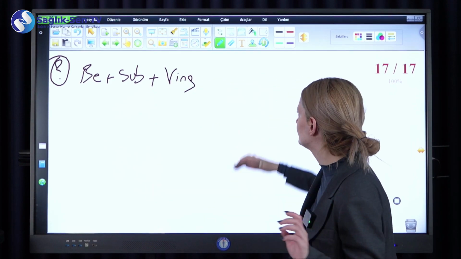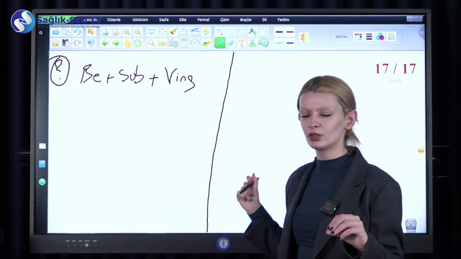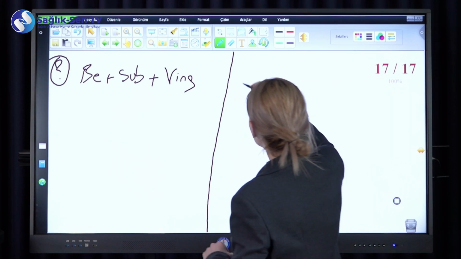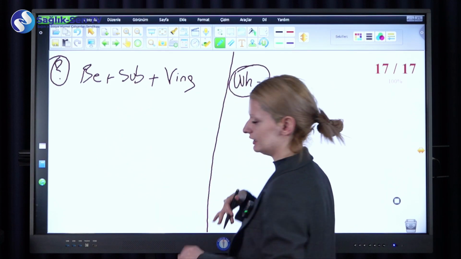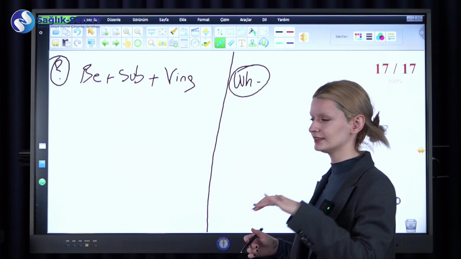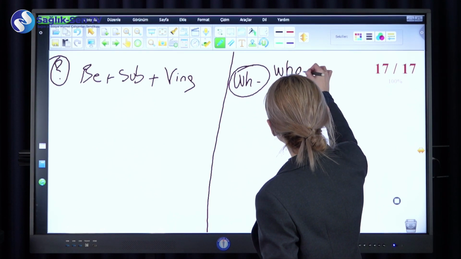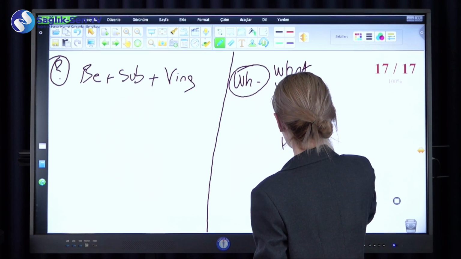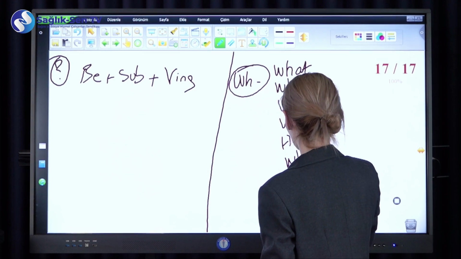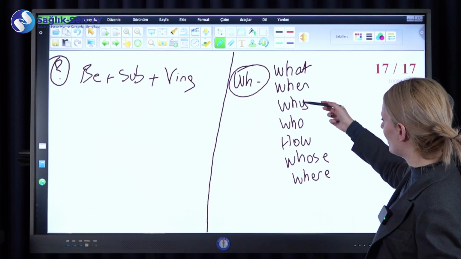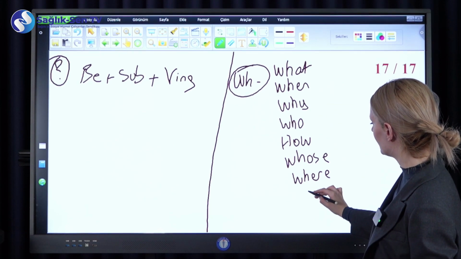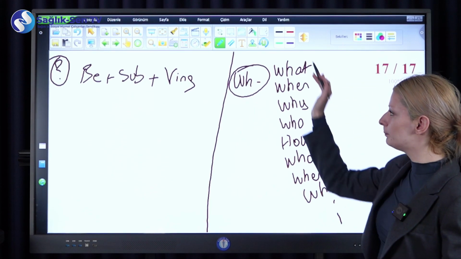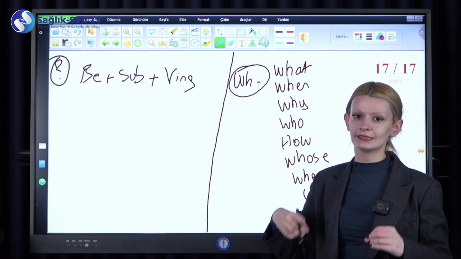We also have, by the way, I want to also teach you this one and then continue with present progressive. If we are going to use a WH question in the question sentence, in any tense, it doesn't matter, for example, what, when, why, who, how, whose, where, whom, we put it in the beginning of the normal question sentence structure.